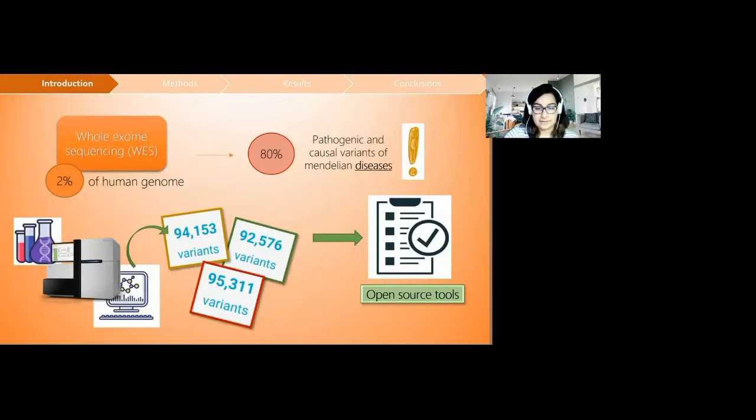The aim of this study is to contribute to the development of this desirable protocol by evaluating open source tools to accelerate this diagnostic process and to reduce its cost.